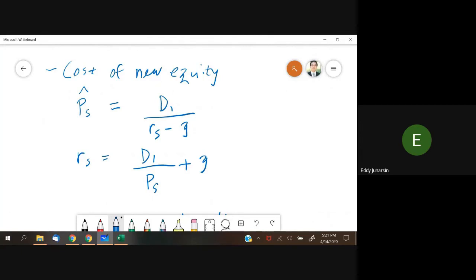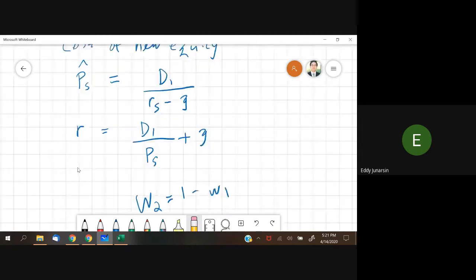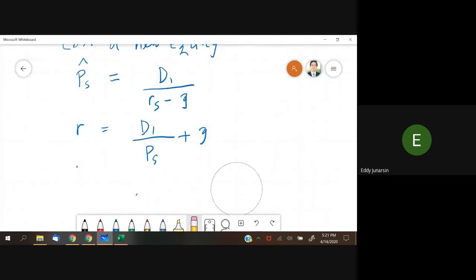So what about the new equity? I will change the name for the sake of clarity and to avoid confusion. So I use the new equity, NE, price of new equity. Right.